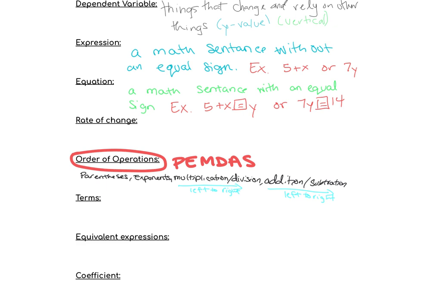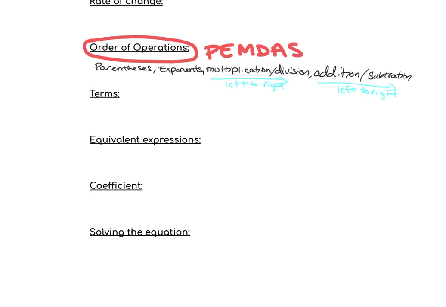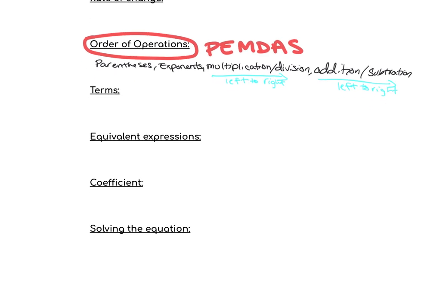Okay, so the book has a definition that I'm not exactly a fan of. It says a number, a variable, or the product of a number and a variable.